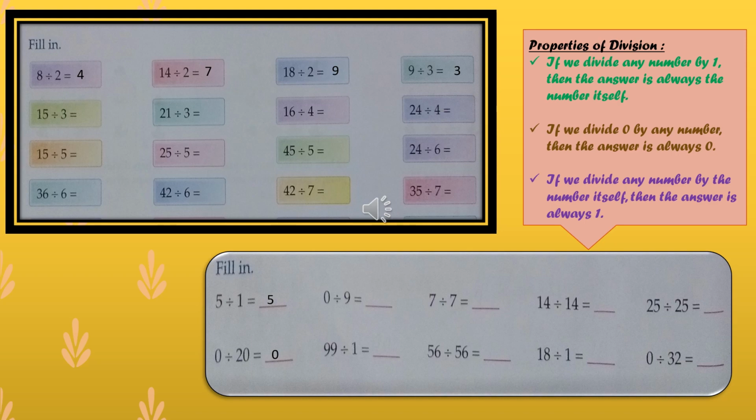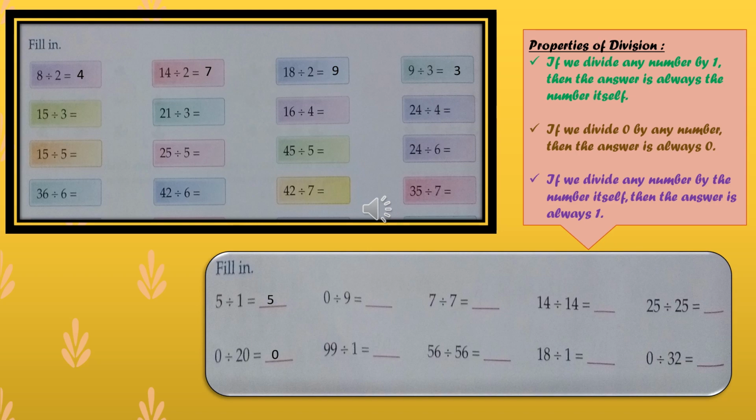First property is, if we divide any number by 1, then the answer is always the number itself. Say for example, if we take a number 18 and we divide 18 by 1, then we will always get the number itself, equal to 18.